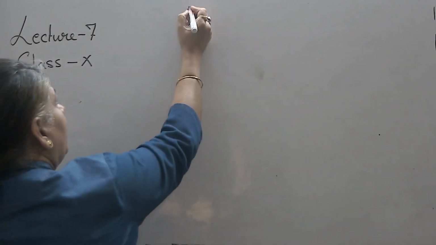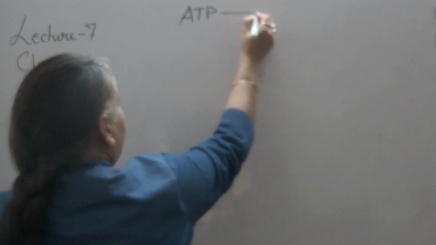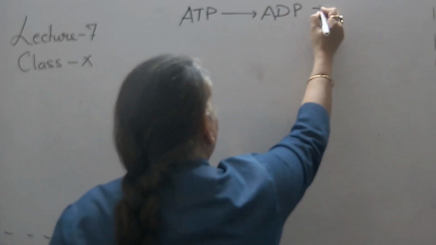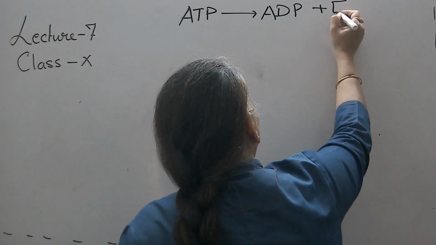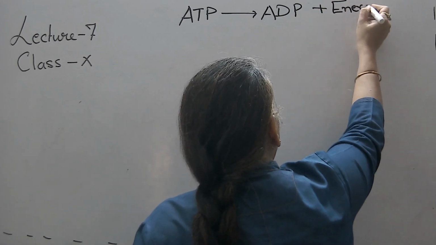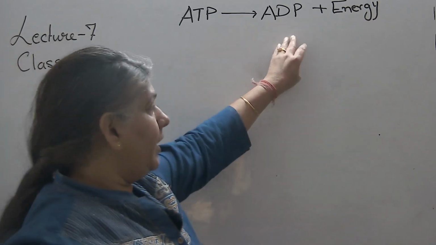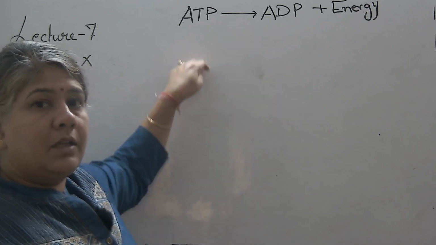See, ATP molecule, it breaks down into ADP plus energy is released. So conversion of ATP to ADP and then ADP again to ATP, it's a cyclic process.